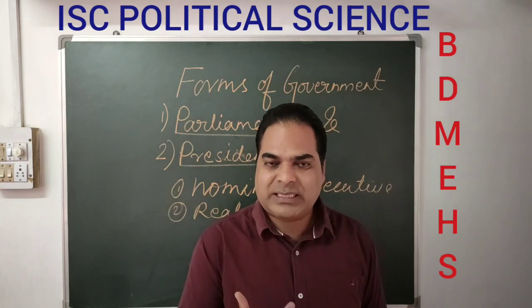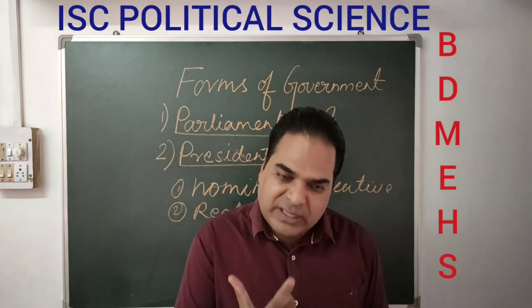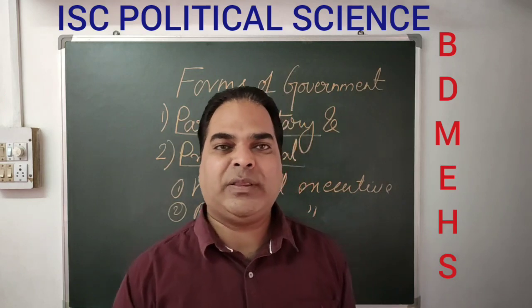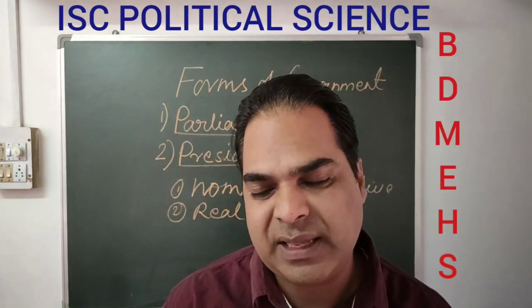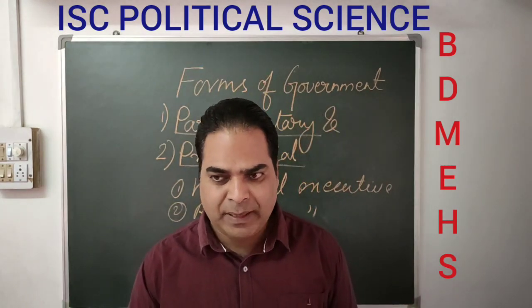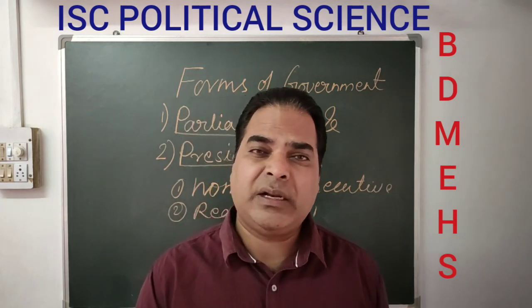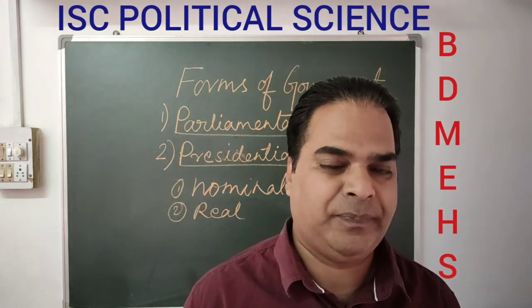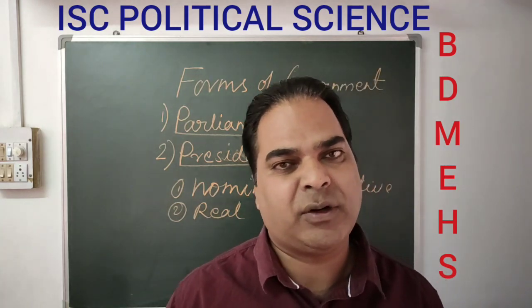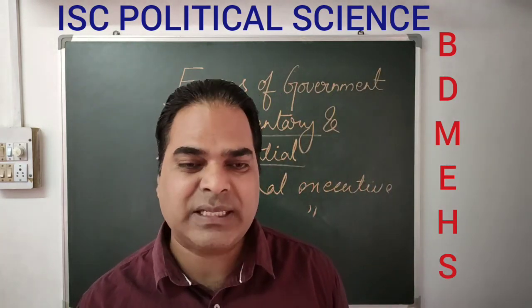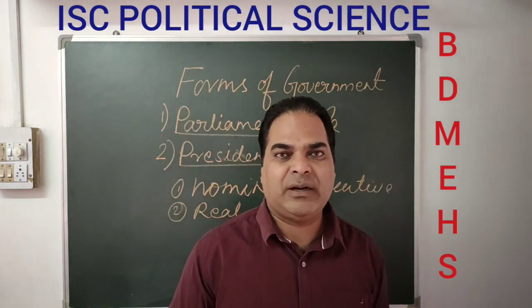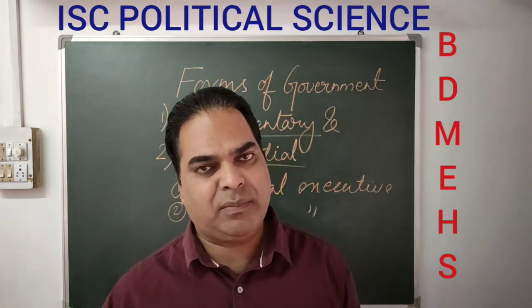He exercises the executive power vested in the nominal head only on the advice of the Prime Minister and the Council of Ministers. Though the country is run in the name of the nominal head, in the real sense the power lies in the hands of the Prime Minister and the Council of Ministers.